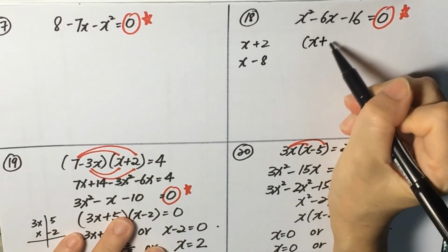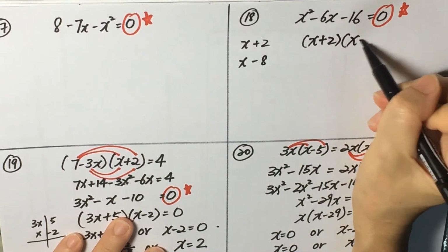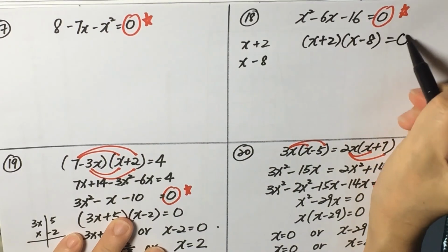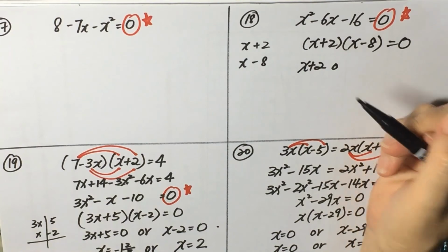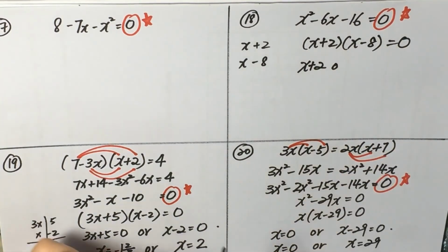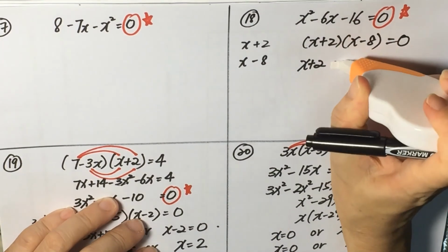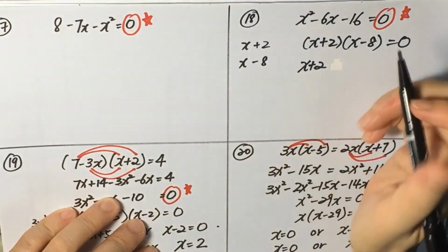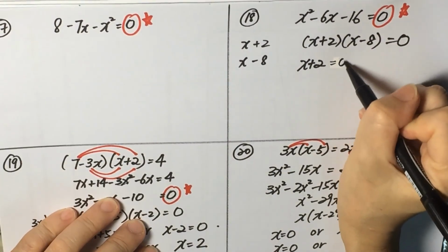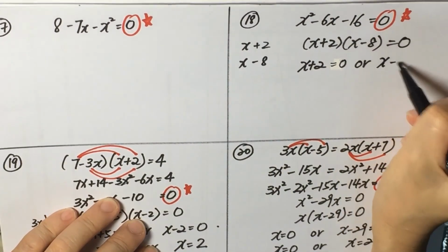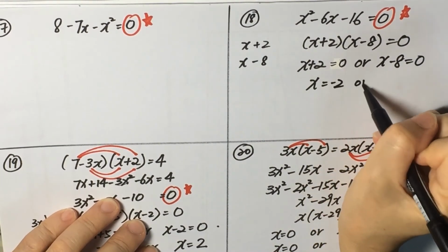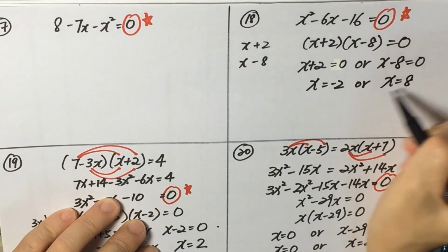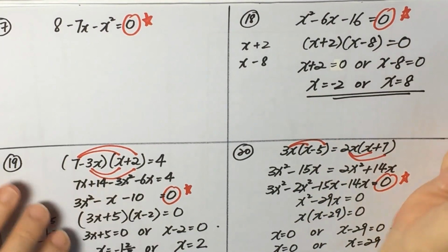So I can say x plus 2 times x minus 8 equals 0. Using the zero factor law, x plus 2 equals 0 or x minus 8 equals 0. So x is negative 2 or x equals 8. So these are the answers.